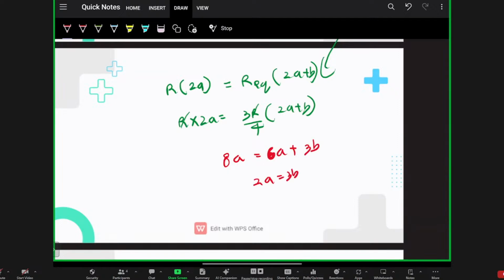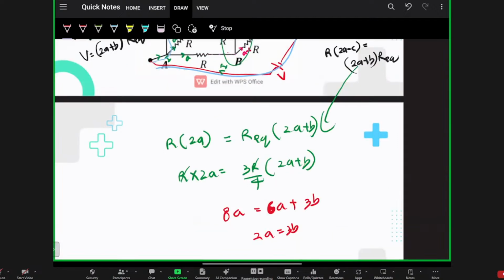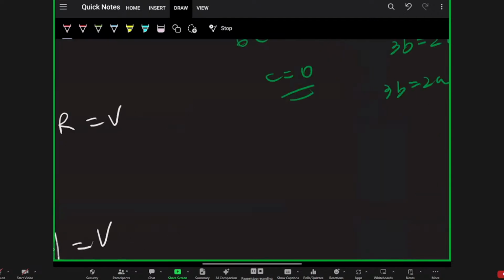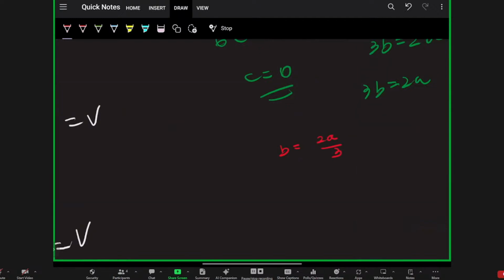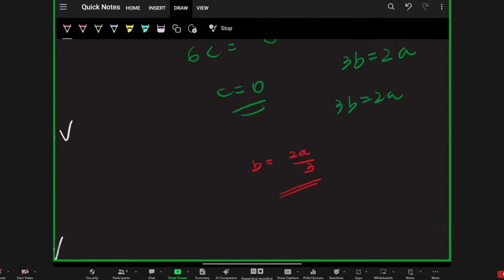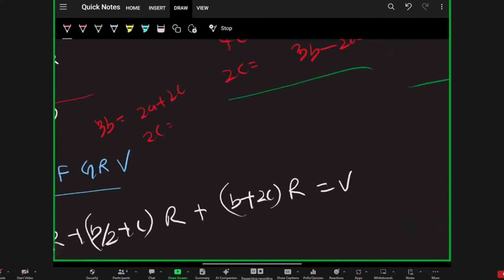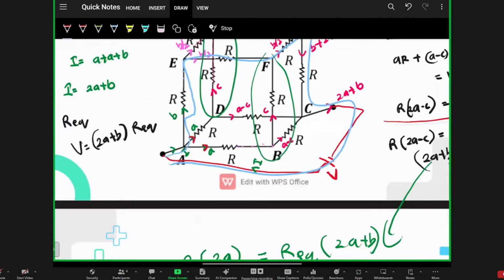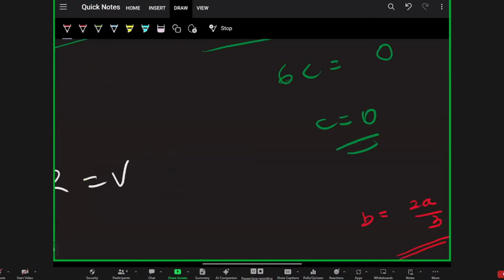So now we can say B is equal to 2A by 3. So the current will be A, then B will be how much? 2A by 3. Okay, it's clear? Yes.